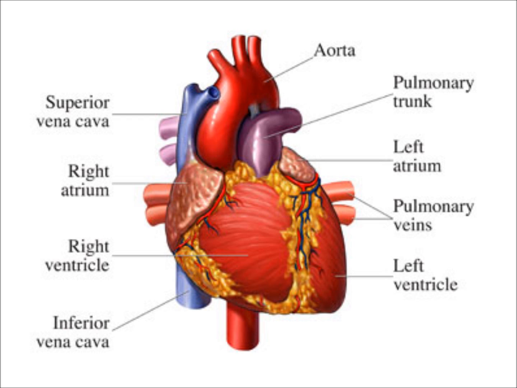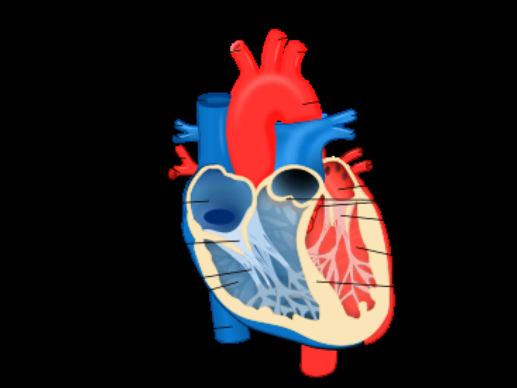We have cells in the SA node, in the superior portion of the right atrium, and those cells can spontaneously depolarize and send a wave of depolarization through the myocardium that will stimulate that muscle to contract. So the electrical precedes the mechanical, always. It doesn't go in reverse. It can't go in reverse. It's impossible.